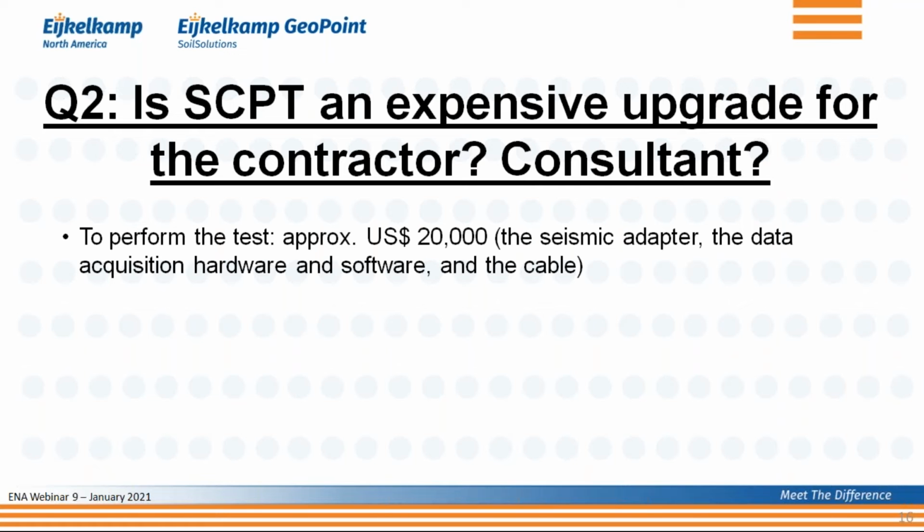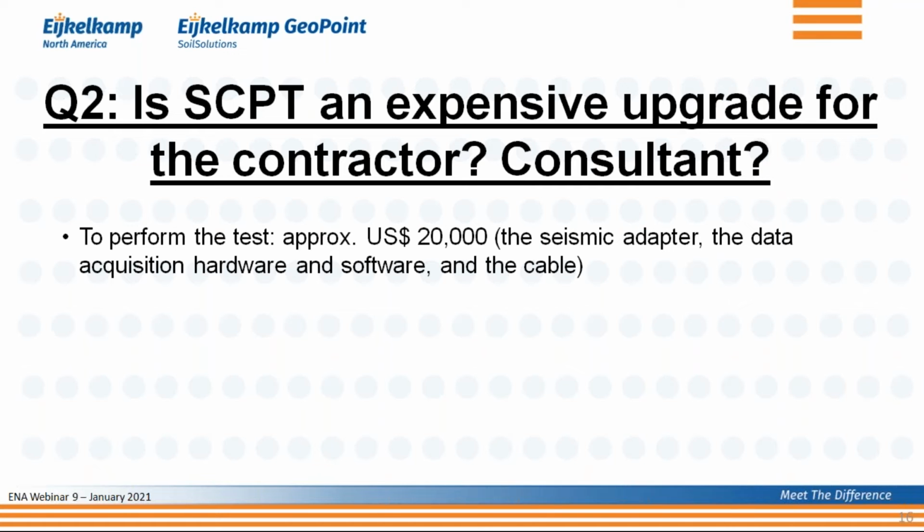And when you look at, first of all, let's talk about the contractor. What he needs is the seismic adapter, the seismic data acquisition hardware, and then software, and a cable. Because when you do your regular CPT, that cable is not enough to bring all the data to the surface, so you need to replace a cable. All the other components that you have, your regular cone, your CPT data acquisition system, your pusher, all that stuff remains the same.